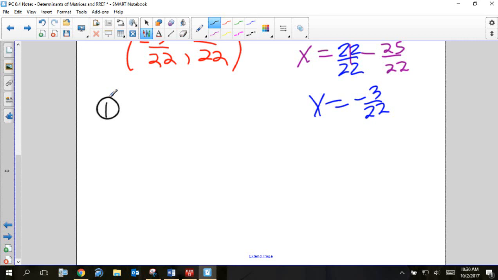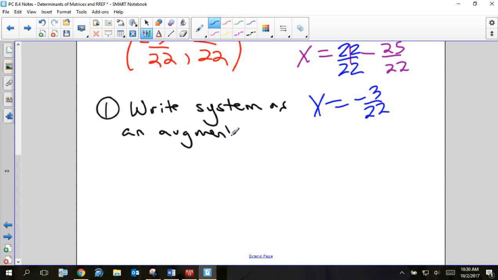So we're not going to do question B by hand. We're just going to only do it on the calculator. So your first step is to write the system as an augmented matrix. We learned that the first day of matrices.